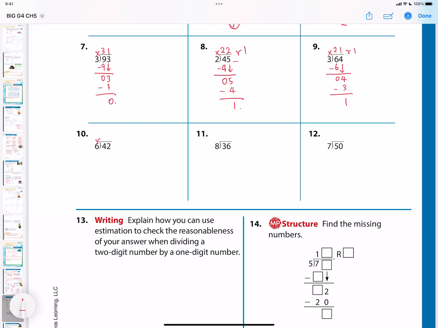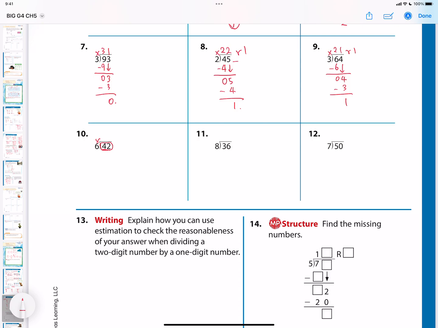Now 6 cannot fit into 4. So now you need to work on these 2 digits at a time, okay? And now you need to use your multiplication. 6 times what is closer to 42, but not greater? We know 42 is greater than 6, right?